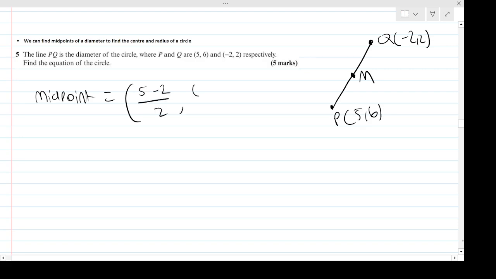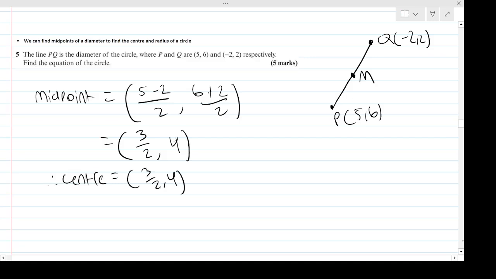Then we add the y values, so we have 6 add 2, over 2. That's going to get me 5 minus 2 is 3, so that'd be 3 over 2, and 6 plus 2 is 8, 8 over 2 is 4. Cool. So that's our centre then. Therefore, the centre is also the midpoint, because it's the diameter in this case. And so that's (3/2, 4).